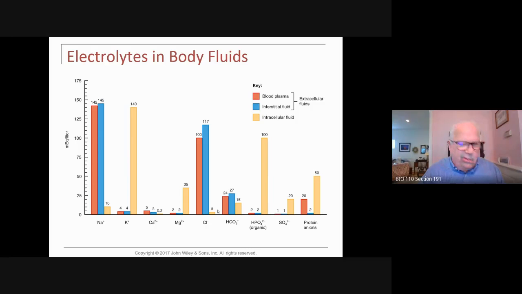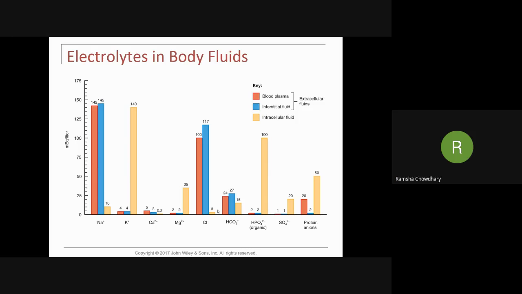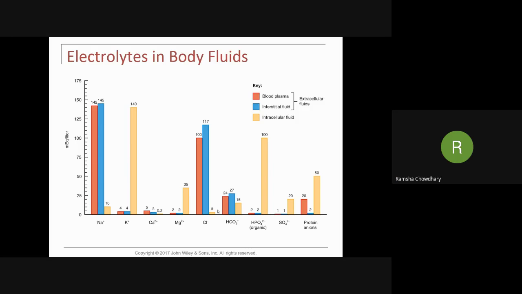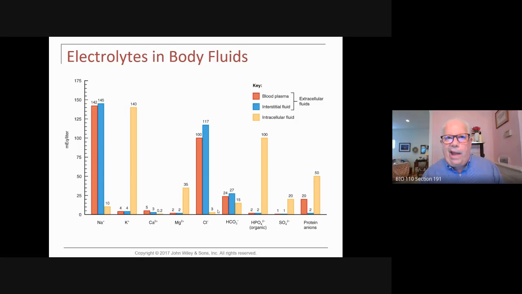Let me ask Ramsha, what is the most abundant anion in the extracellular fluid? Sorry, I couldn't hear. Anion, a negatively charged ion in the extracellular fluid.